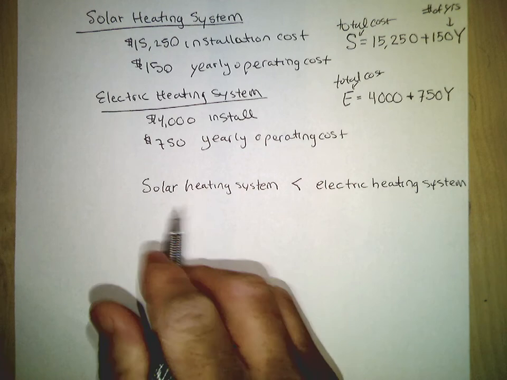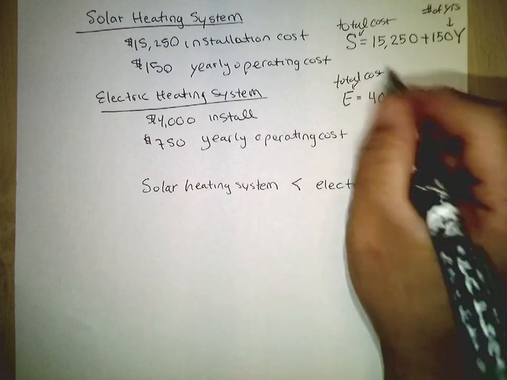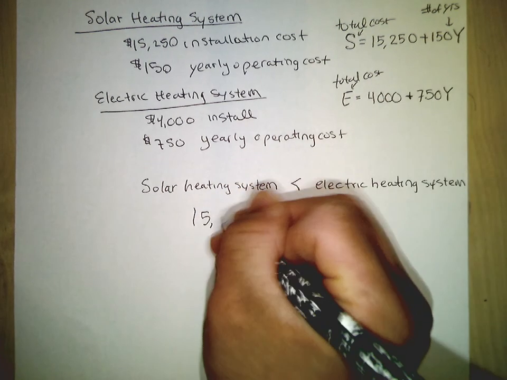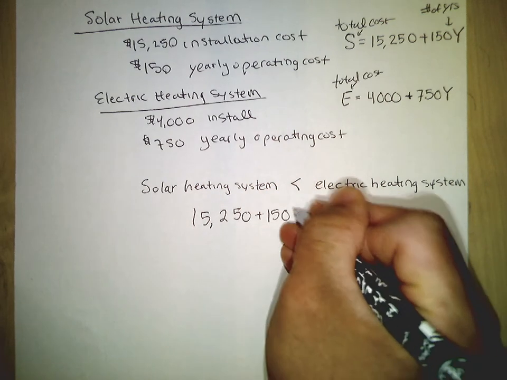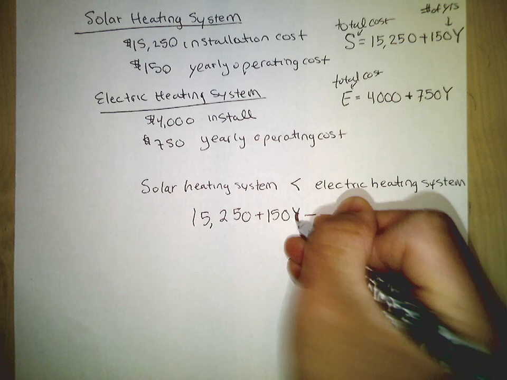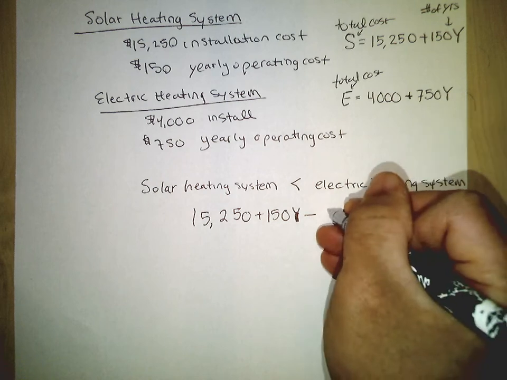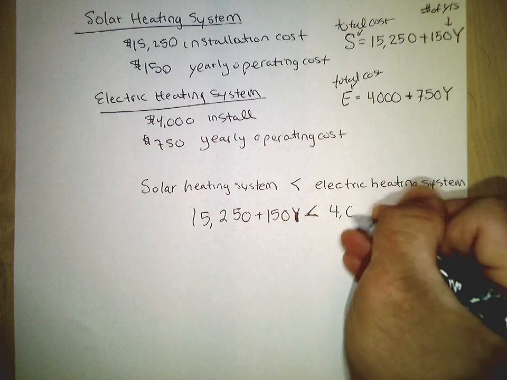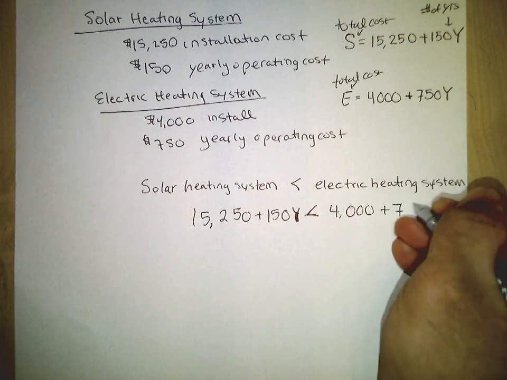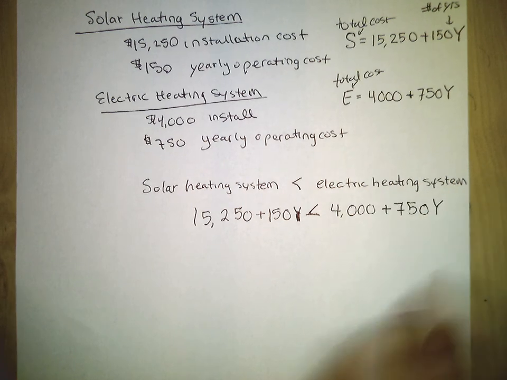Here, that's the total cost, and y, again, is the number of years. So the total cost after a certain number of years. I know the solar heating system was 15,250 plus 150y, and the electric heating system was 4,000 plus 750y, so I need to just solve this for y.